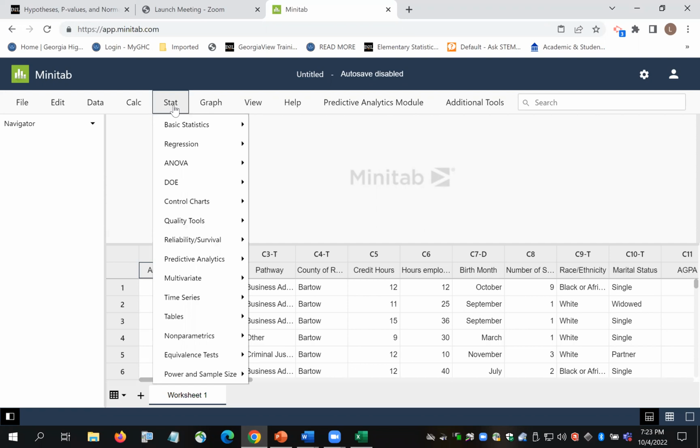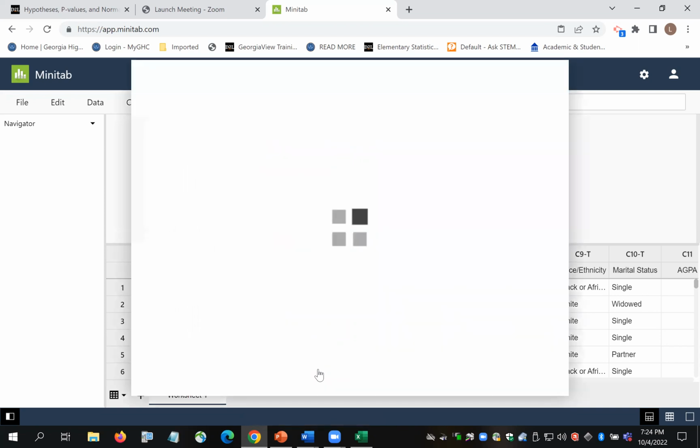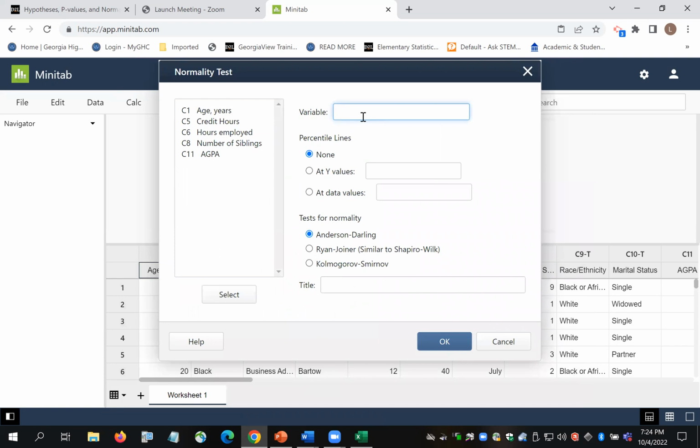Stat, basic statistics. You're going to scroll way down to the bottom. It says Normality Test. I have to choose the variable. I'm interested in age. Percentile lines, we mark none.